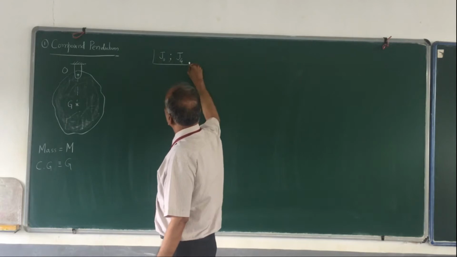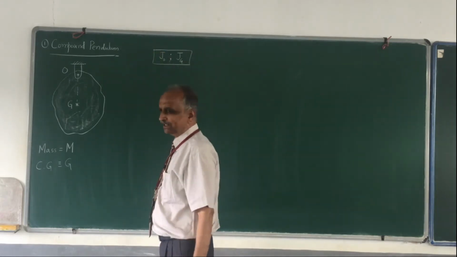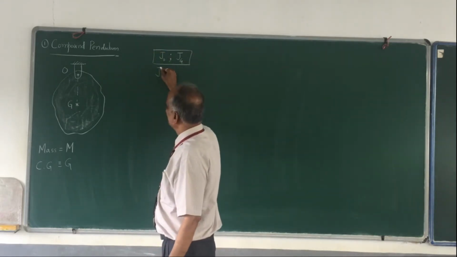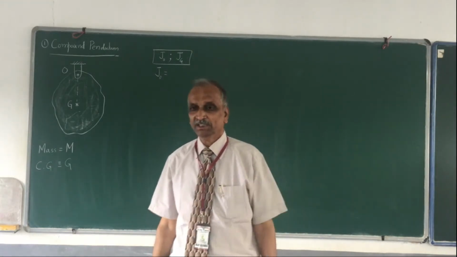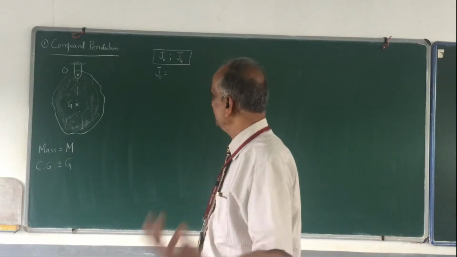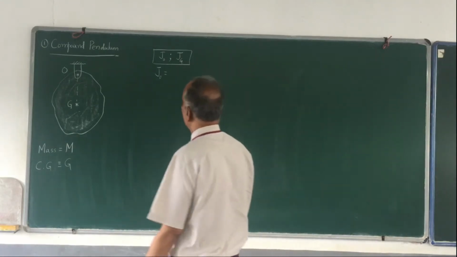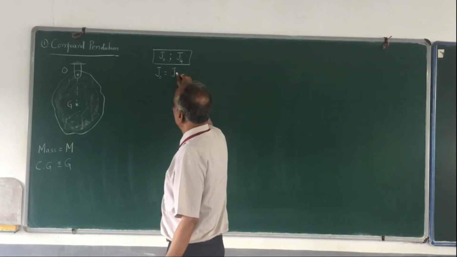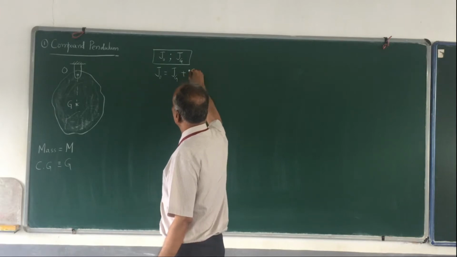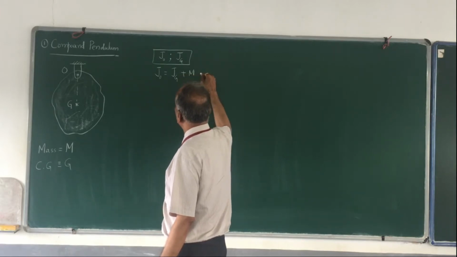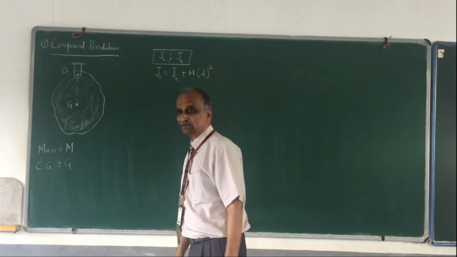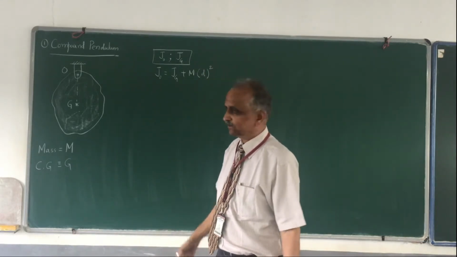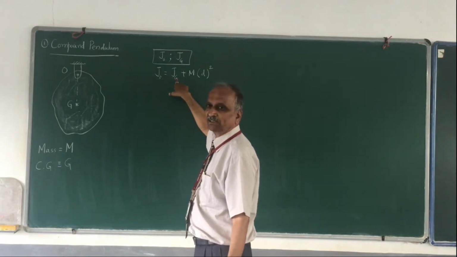JO and JG are related by the parallel axis theorem. I hope you all can recall what you have studied in your applied mechanics or maybe in your PUC somewhere. JO is equal to JG plus the mass multiplied by the distance between the two axes. One is the O axis and the other is the G axis.